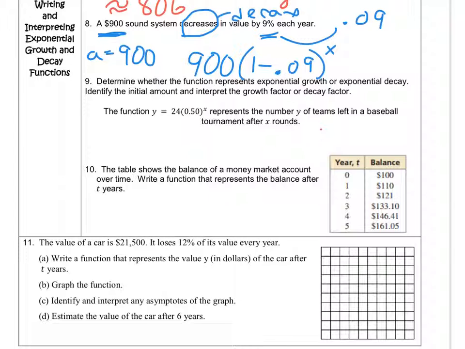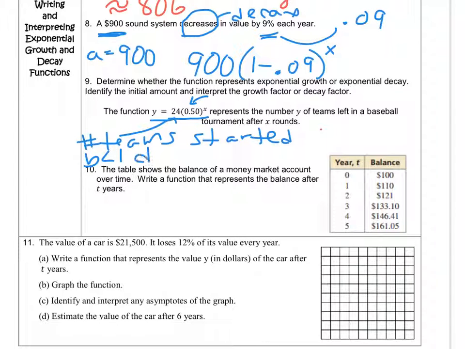Okay, so when we were reading about these basketball teams, we're just trying to interpret the equation. So we're going to start with the easy thing. This first thing, the initial amount would mean how many teams we started with. And then when we look at our B factor, we can see that B is less than 1.